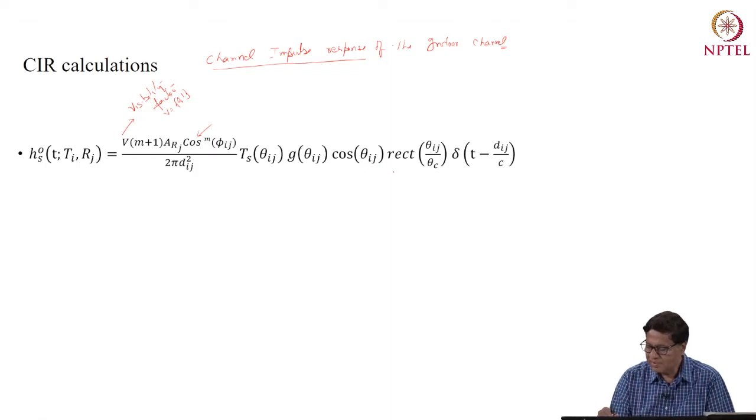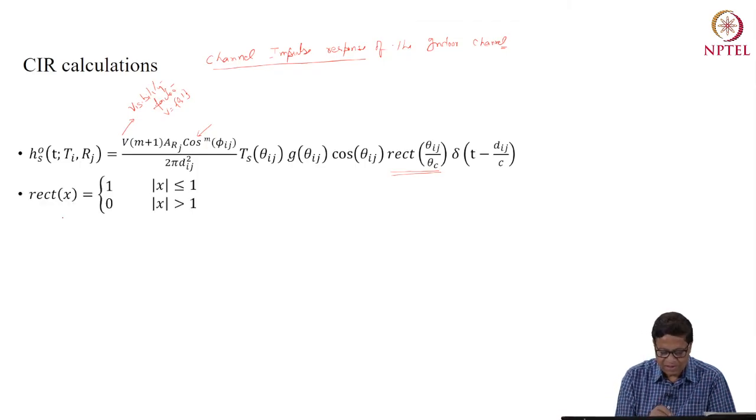And this rectangular function basically tells you how it is defined. It is 1 when the absolute value of x is less than or equal to 1, and 0 when x is greater than 1. So if theta_ij is less than or equal to theta_c, then it gives a contribution here.